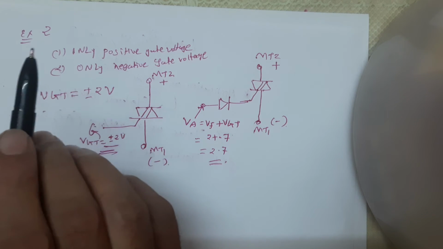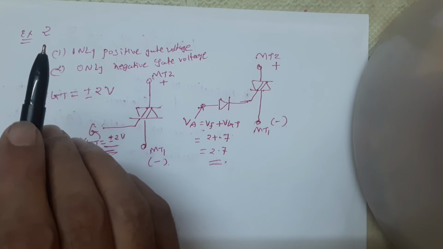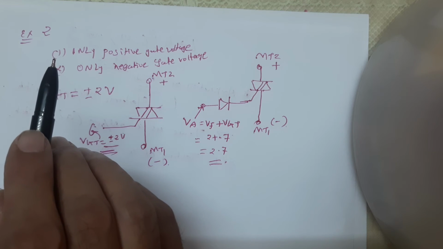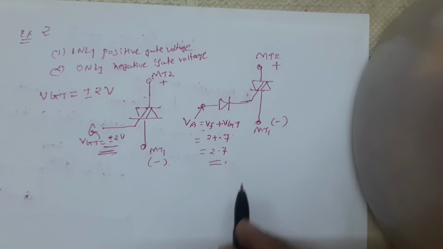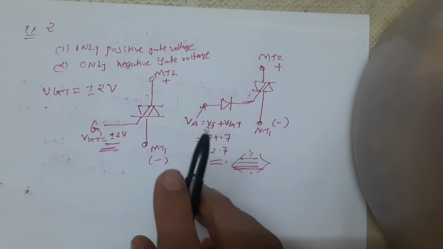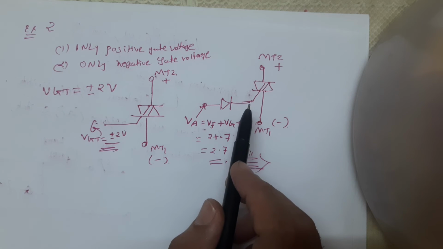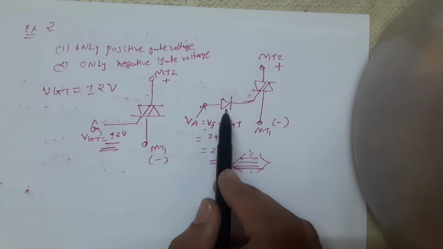The solution: first, for positive gate voltage, in order that the triac is triggered only by a positive gate voltage, we can use the method shown in this figure. How? In this circuit, diode D1 is forward bias when VGT is positive and reverse bias when VGT is negative.